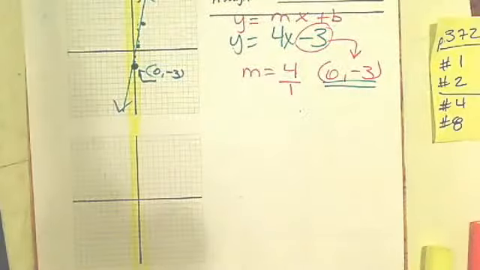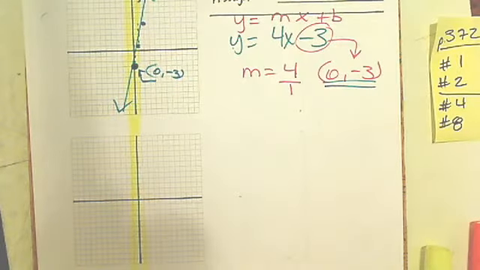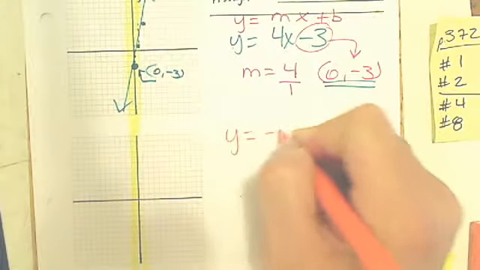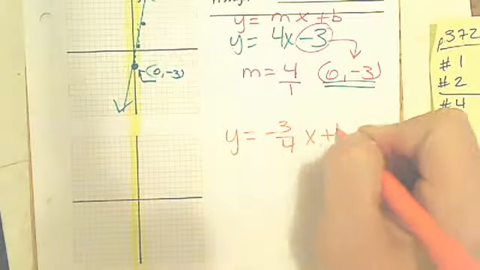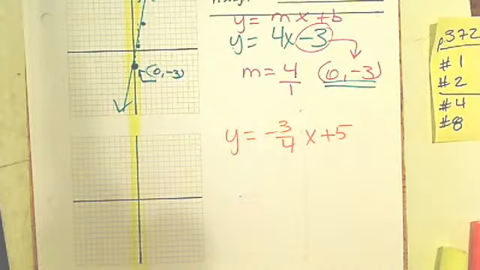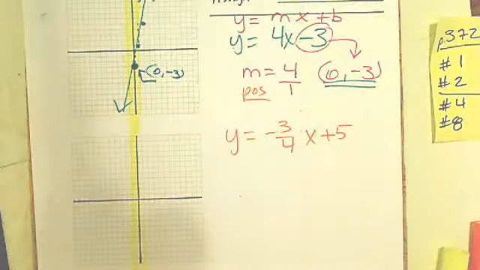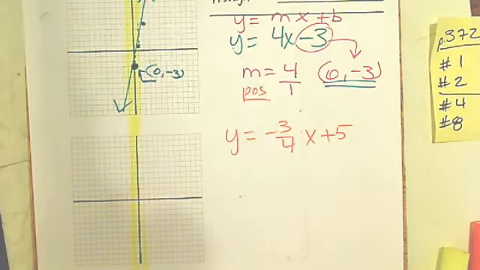Questions so far? Shall we do another one? Yes. I'm going to walk around here. Y equals negative 3/4 x plus 5. Identify the slope, right? If it's positive or negative, identify the b. That will make your life a lot easier. You'll miss fewer problems.